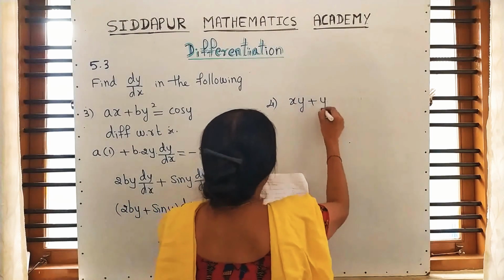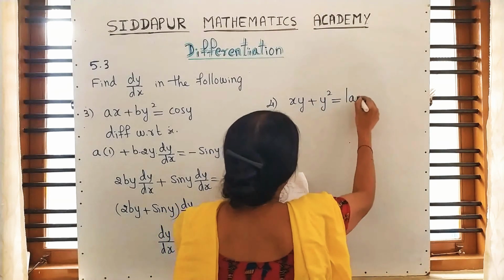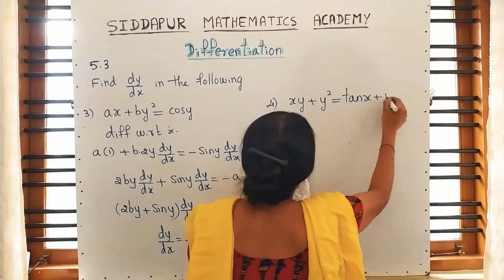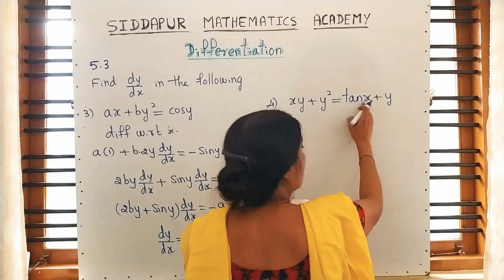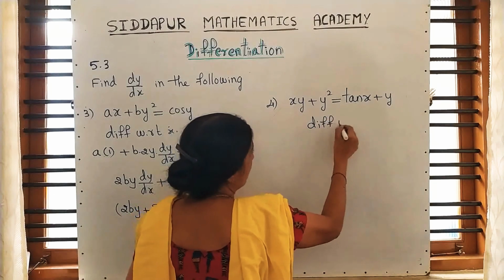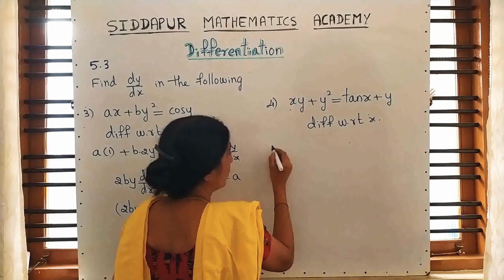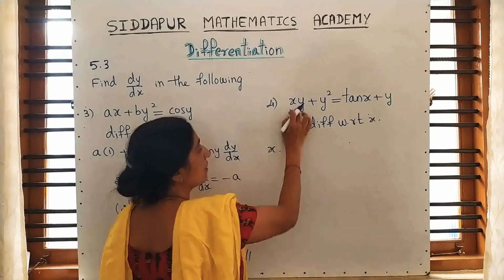xy plus y square is equal to tan x plus y. See, tan x is separate, plus y is separate. Differentiating with respect to x. This is u into v. x as it is.